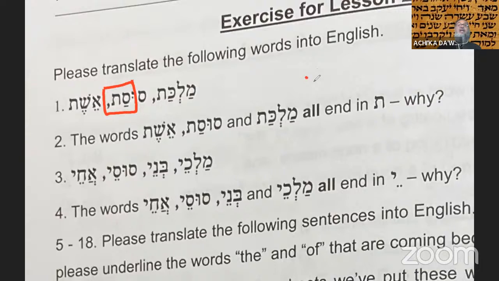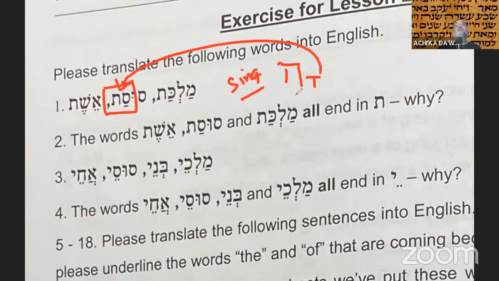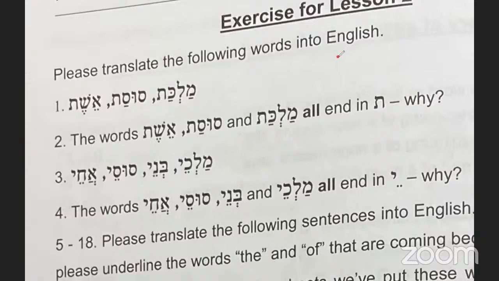It changed from a hey to a what? To a tav. So it's what? Is it singular or is this plural? There you go. Singular. It's singular.